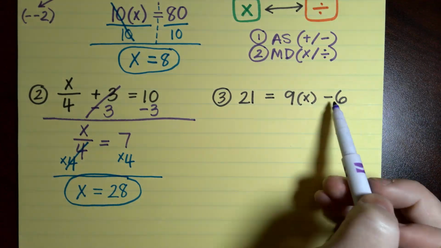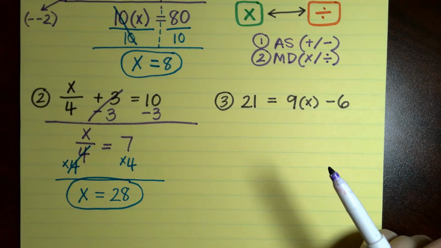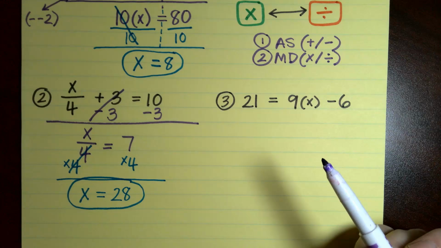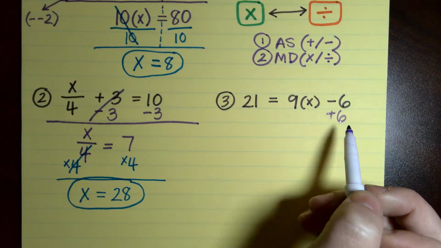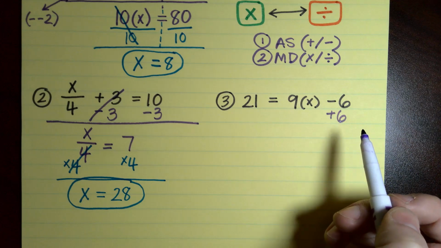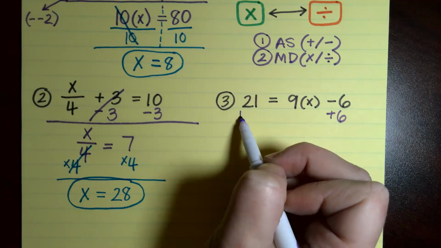The minus 6, good. So we have minus 6. What do we do to get rid of it? Yeah, we're going to add plus 6. And where else do I need to write plus 6? Under the 21 on the other side of that equal sign. Good.